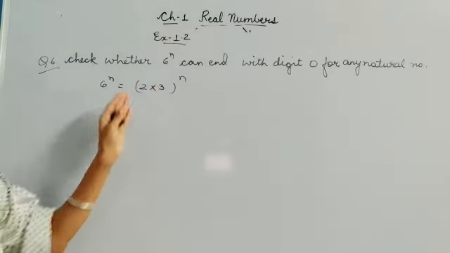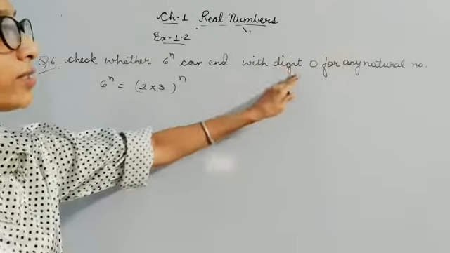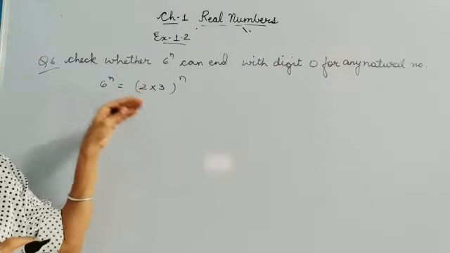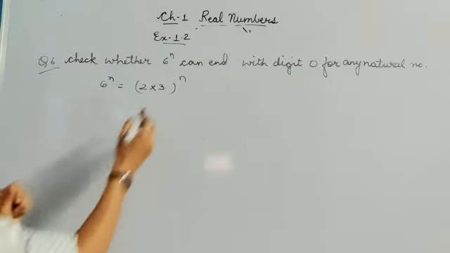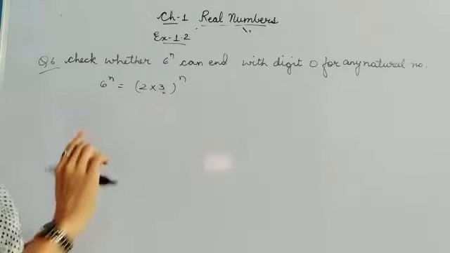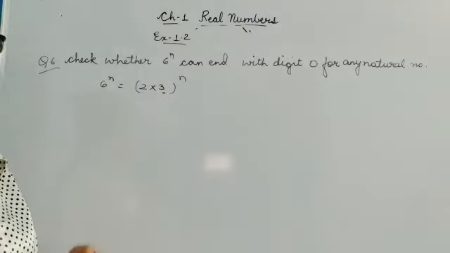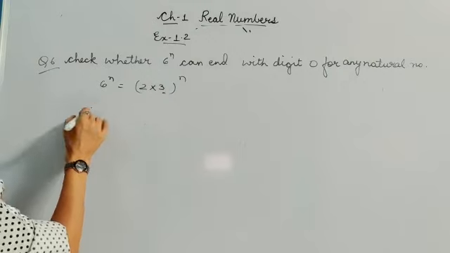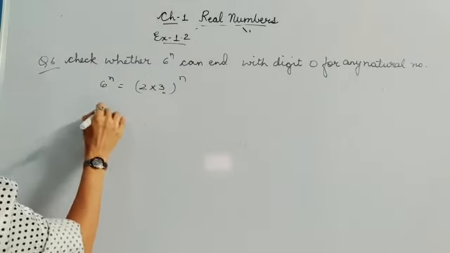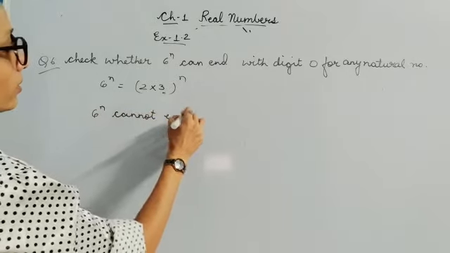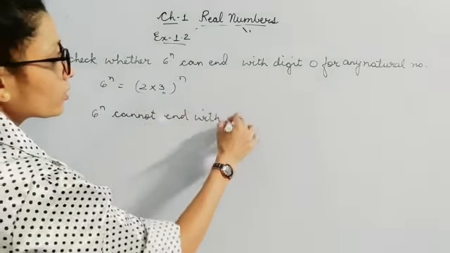But children, for a number to end with digit 0, it should have factors 2 and 5. So here 5 is missing, 2 is already there, but 5 is missing. That's why this number cannot end up with 0.